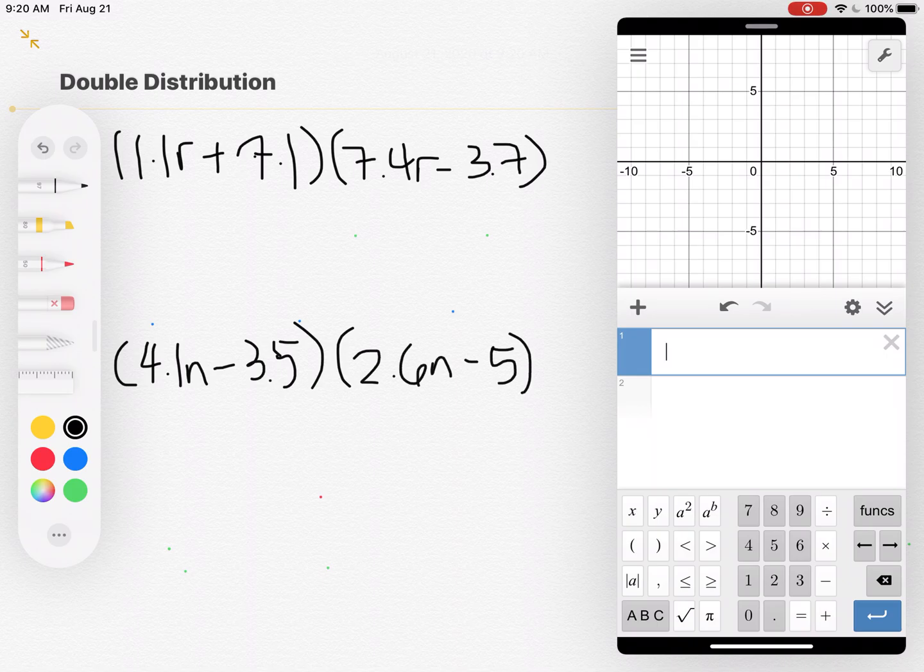Okay, so this time we have decimals, not a big deal. We're still going to do the same double distributing process. 1.1 times 7.4 gives us 8.14.